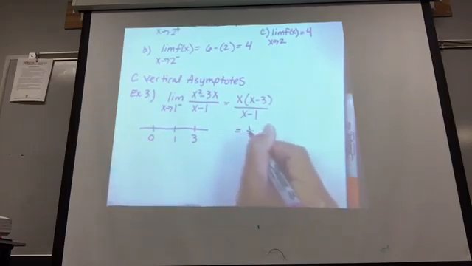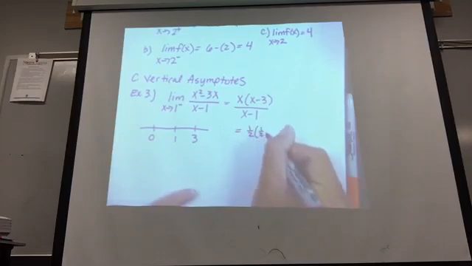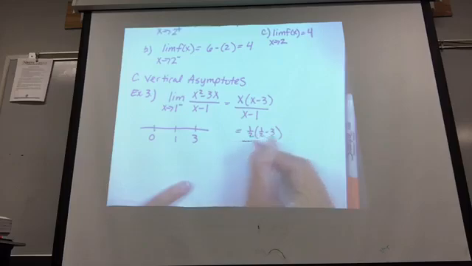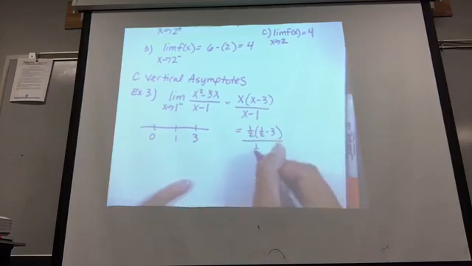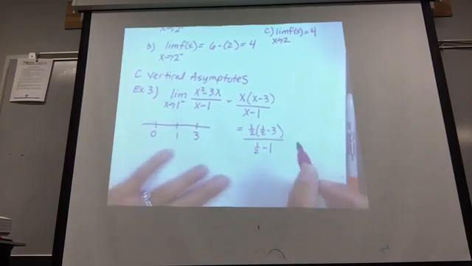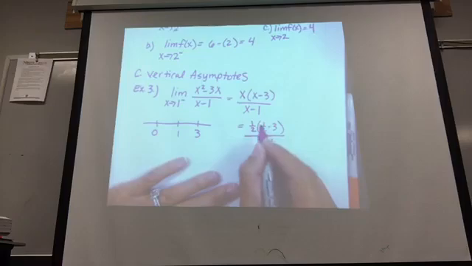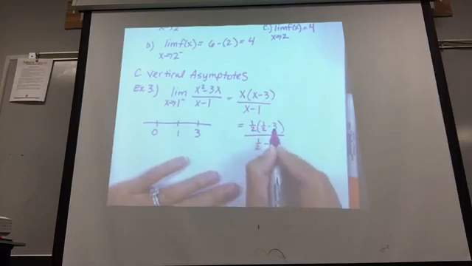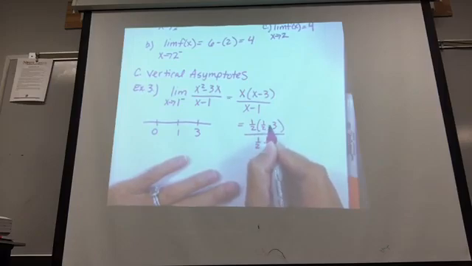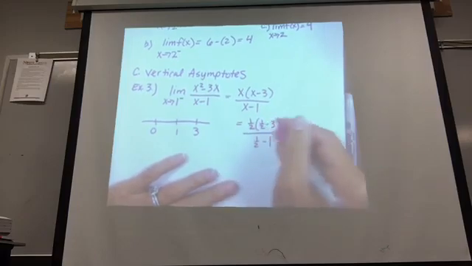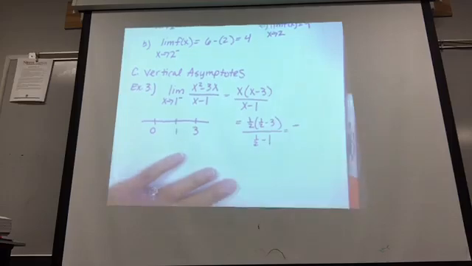So I have 1/2 times 1/2 minus 3 over 1/2 minus 1. Okay, and I'm not even going to work it out. So my top 1/2 minus 3 is going to be negative. Negative times a positive 1/2 is still going to be negative.